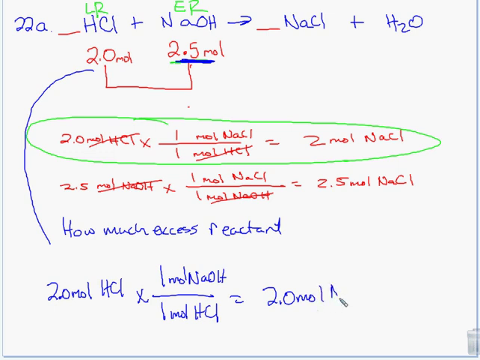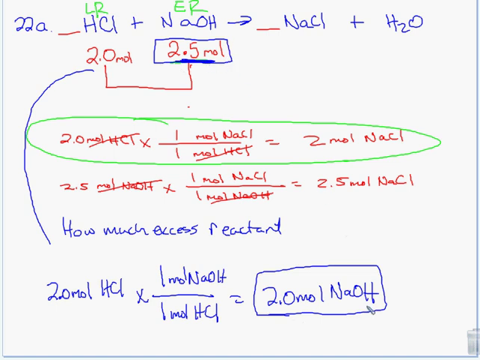2.0 moles NaOH. That's how much will actually be used. But how much do we have? We have 2.5 moles. So if we started off with 2.5 moles, this is what we started with, and we're going to use 2.0 moles.